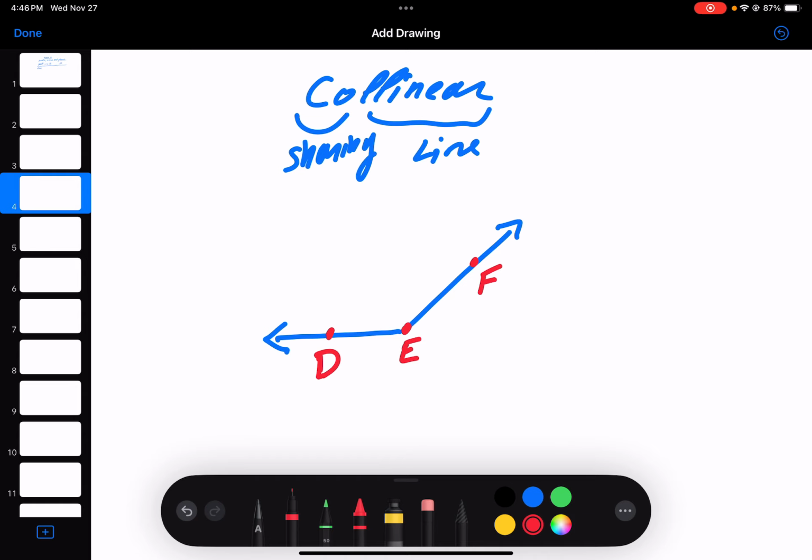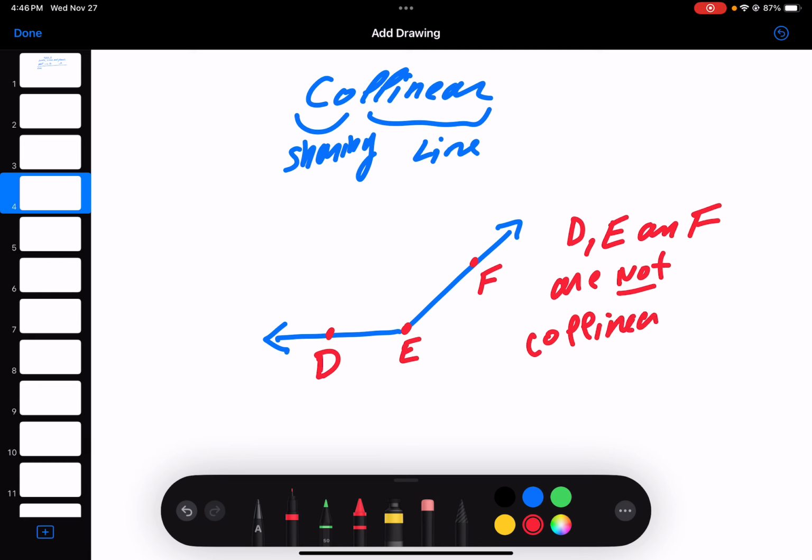You guessed it. They're not, right? Because they don't reside on the same line. D and E are on one ray that points in one direction. E and F are another ray that points in another direction. So D, E, and F are not collinear.